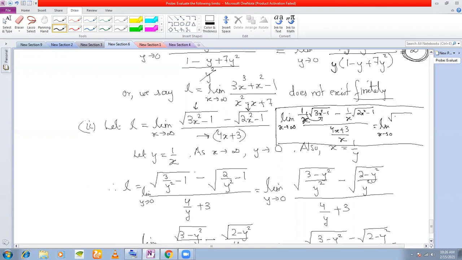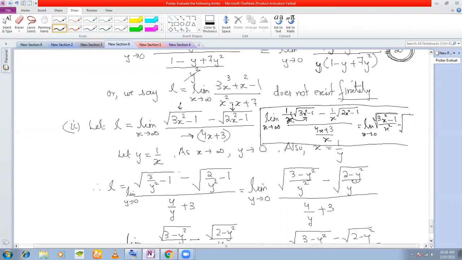So you can write this as root of 3x square minus 1 by x square, and similarly here root over of 2x square minus 1 divided by x square, and in the denominator you can write 4 plus 3 by x. Now you can separate this and then put x is equal to 1 by y. Understood?